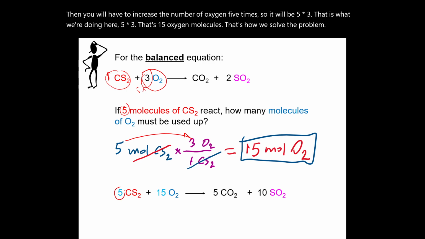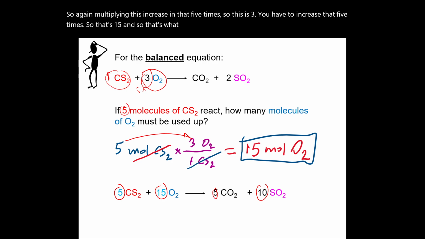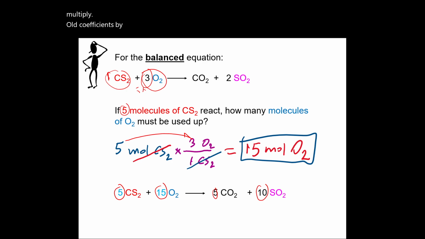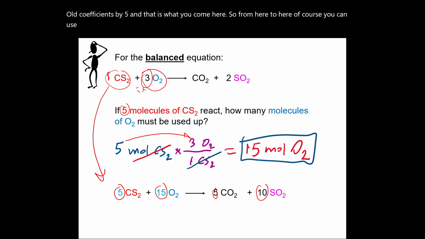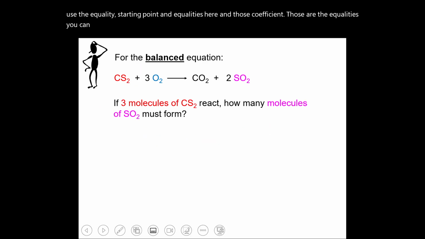Basically, you just have to multiply all coefficients by 5. From here to here, you can use the starting point and the equalities. Those coefficients are the equalities, and you can solve the problem.